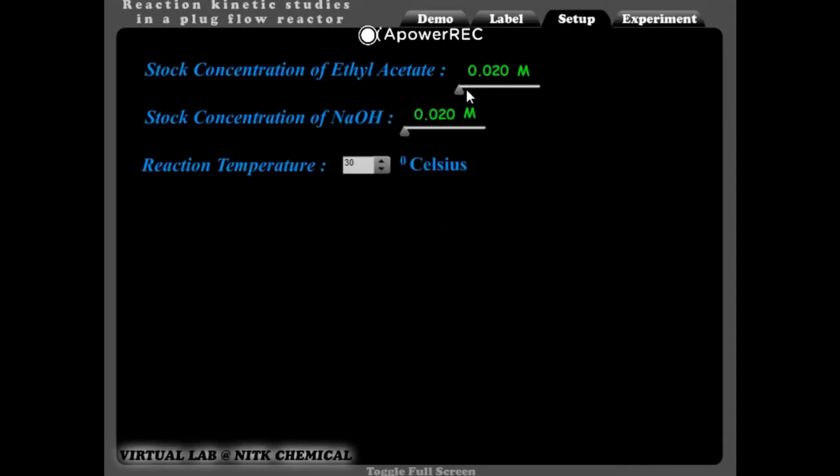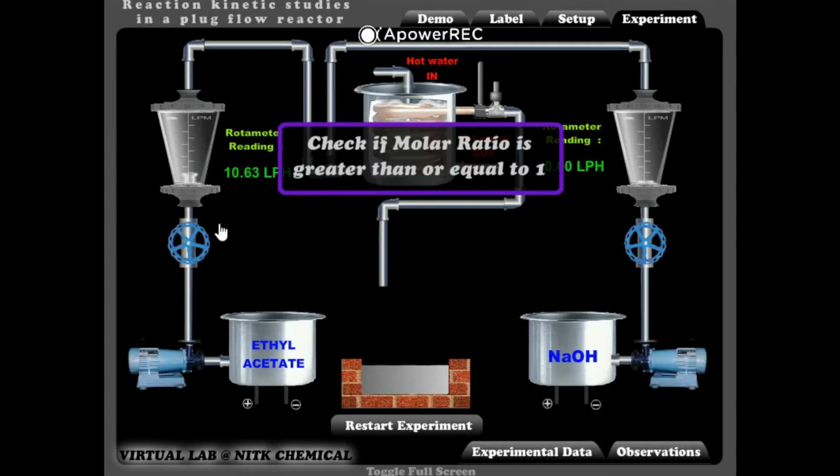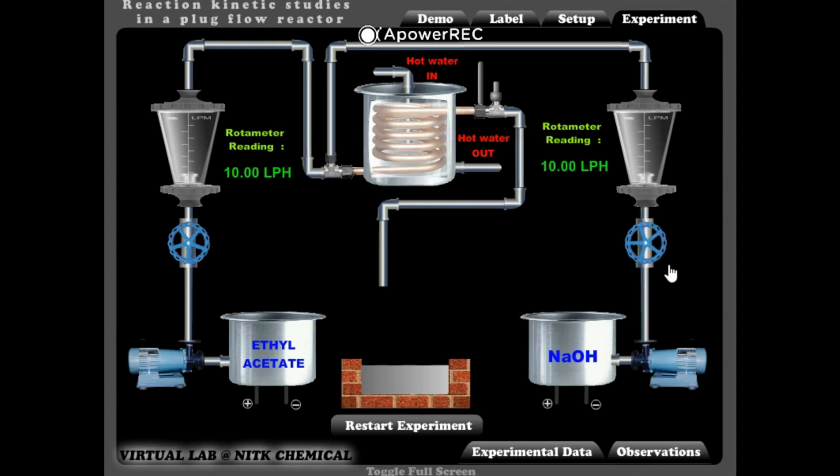This is the procedure that we do in the experiment. First, we set the required temperature and stock concentration for NaOH and ethyl acetate. Next, we set the flow rate of ethyl acetate in order to get the flow rate of NaOH. We fill the reactor and wait for the reactor to achieve steady state and add the readings to observation.